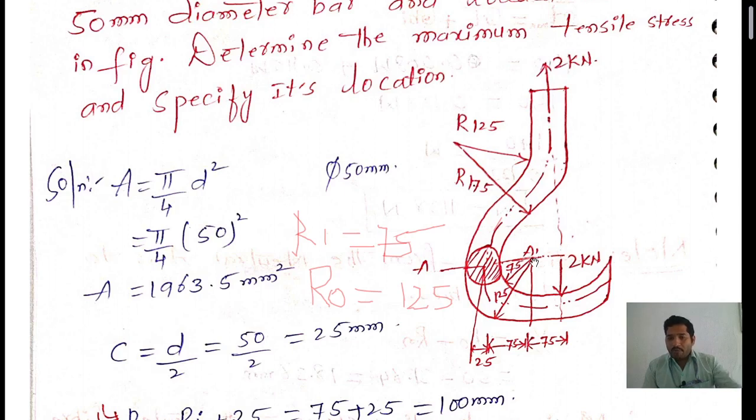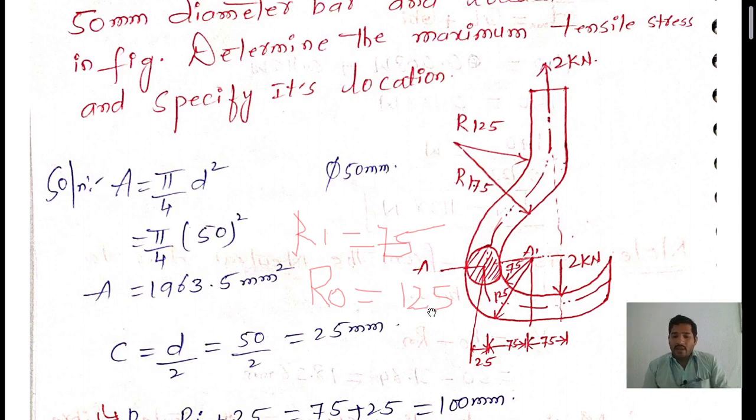If you want to measure, the inner radius of this crane hook is 75, and the outer radius of this crane hook is 125 mm.